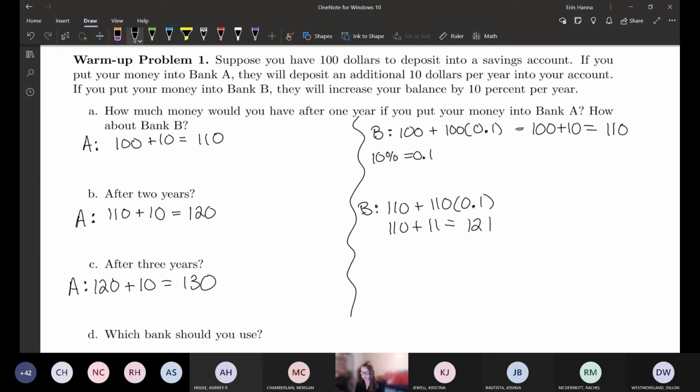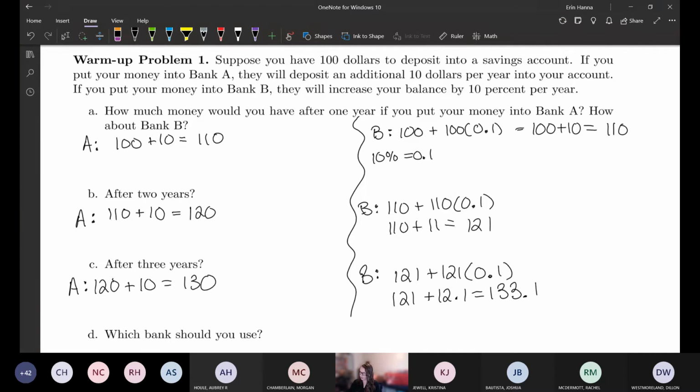So we end up with $130 after 3 years in Bank A. And then Bank B, our starting value is 121, and then we're going to add on 10% of 121, which is 12.1. So we'll have $133.10 in Bank B.